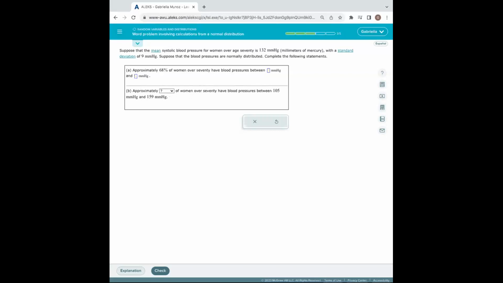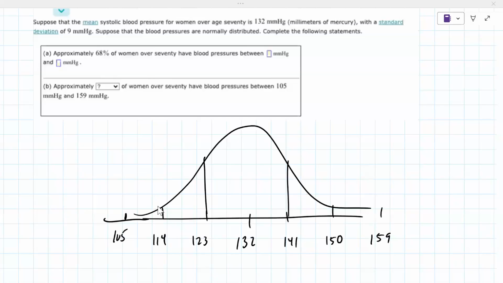I think I've got B, but I'm getting thrown off with A. For B, I'm assuming 95% because we're subtracting 90, right? It's really helpful to draw the picture here.